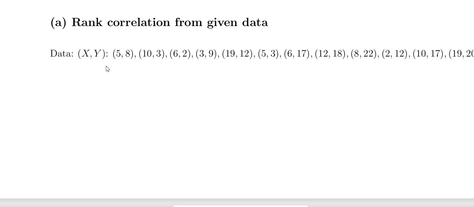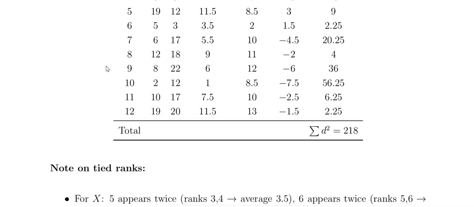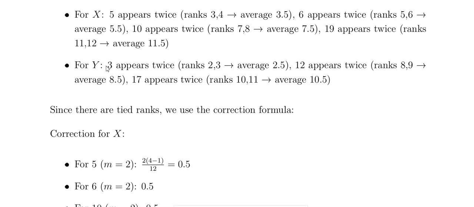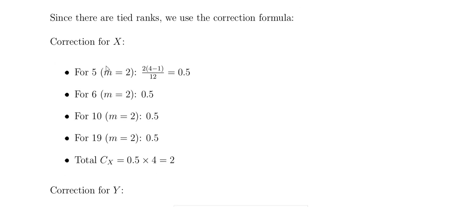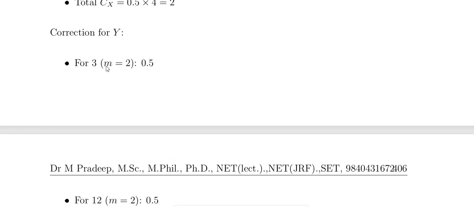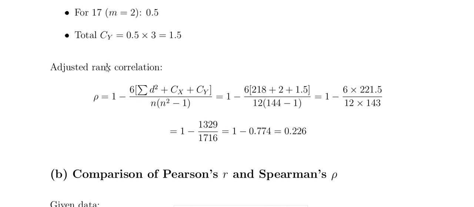And this is another problem for the rank correlation coefficient. So when there are repeats, you know what to do: add the correction factor for each and every series. Sometimes the notation varies, like Cx means the one added corresponding to the X series, and this is the one added corresponding to the Y series.